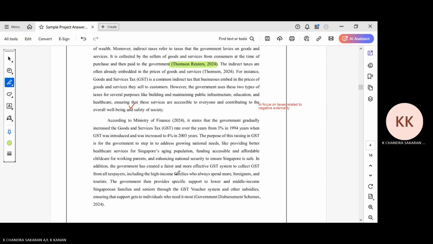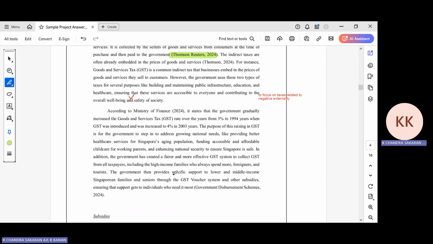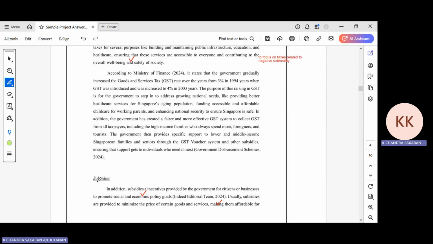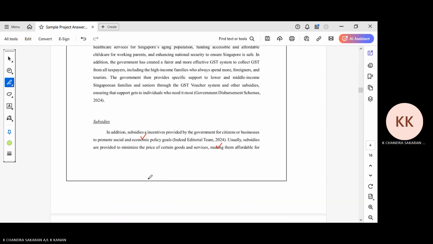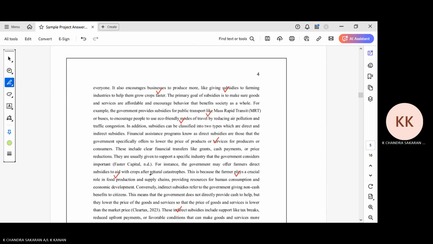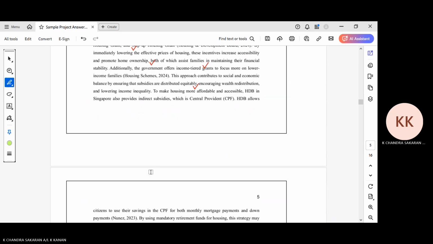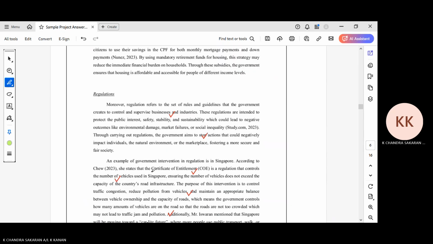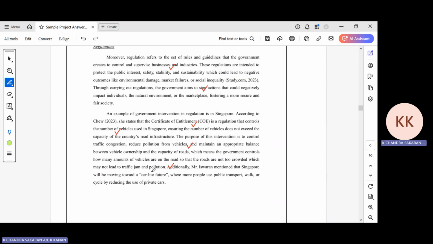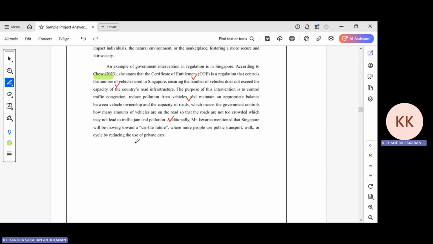Got it? Make sure must have paragraph. Headings, subheadings. So a lot of in-text citation used by this student, taken.